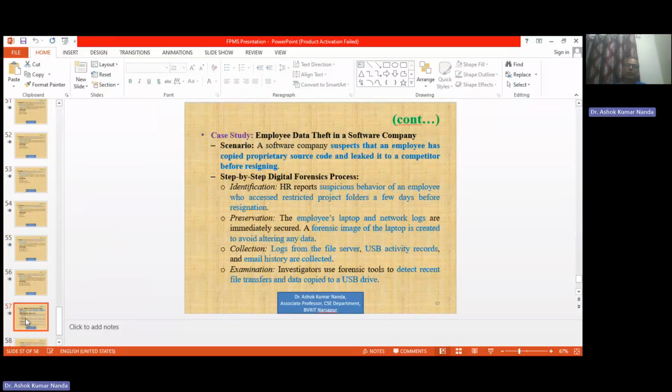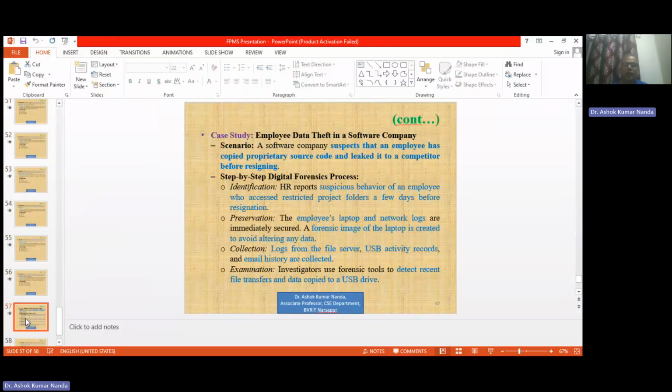What will be the step-by-step digital forensic process, or what phases will come across for this particular scenario? We have already discussed there are six phases.